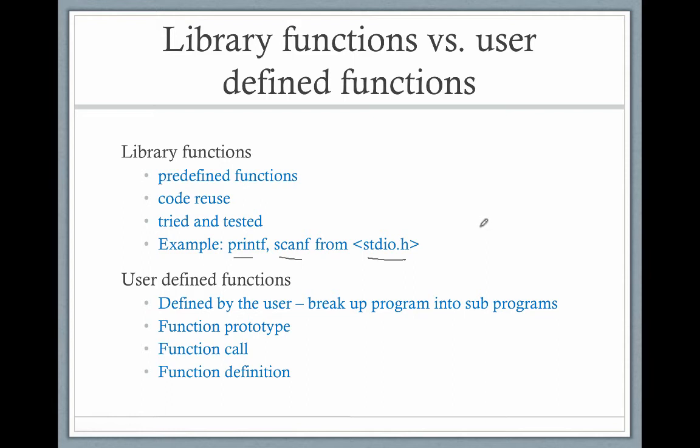Now, user-defined functions are made by the user to break up your program into sub-programs. So if you wanted to do something that you were going to reuse over and over again, you would put it into a function, make a function definition of it, which is a block of code, and you would put all of the implementation in that block of code. And then you could use that function over and over again, or invoke that function by making a function call to it.